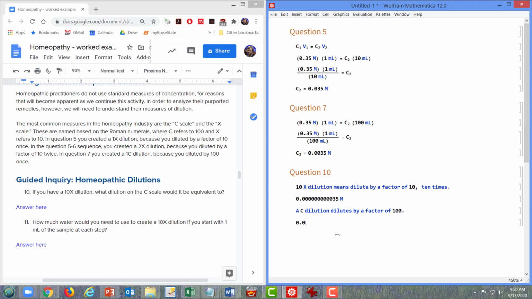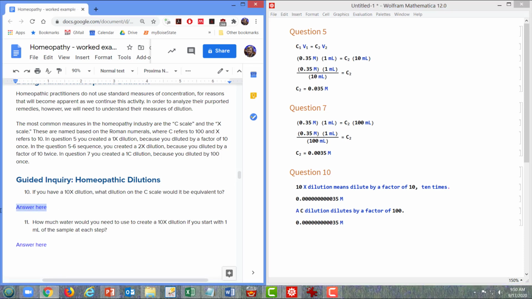We're going to start with the same 0.35 molar initial concentration, but diluting by a factor of 100 moves the decimal point 2 places. So we're going to count how many times we do that to get the same dilution we have here. 1, 2, 3, 4, 5. And there we're at the same one. So this is going to be a 5C dilution.